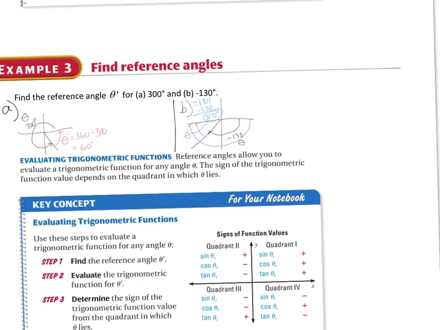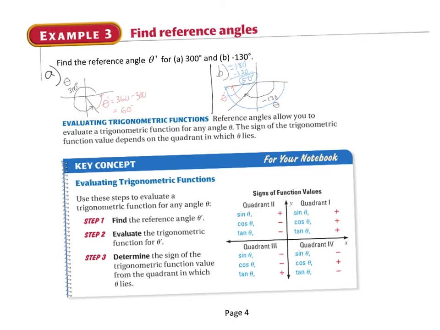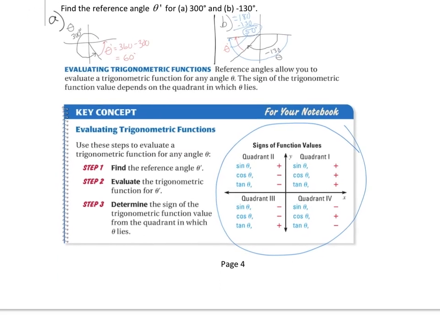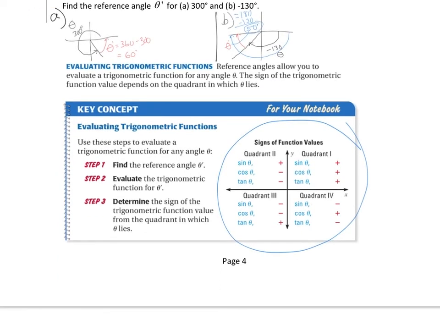All right, one last idea that I want to connect on before we're done with the video here, and I'm going to be out of time pretty quick, is this. These are the trig functions we have, where they're positive in which quadrant, okay? I like to remember ASTC.